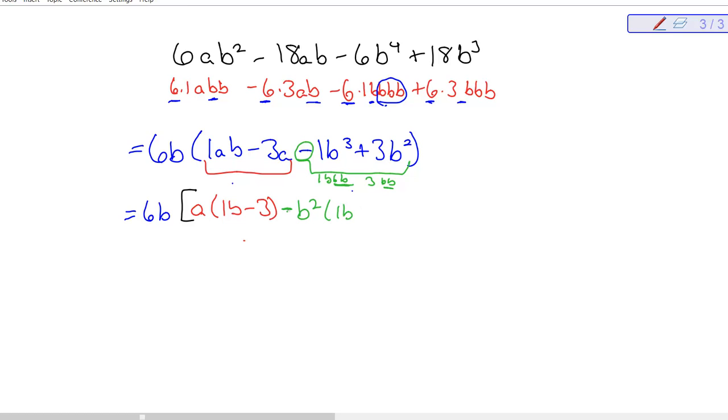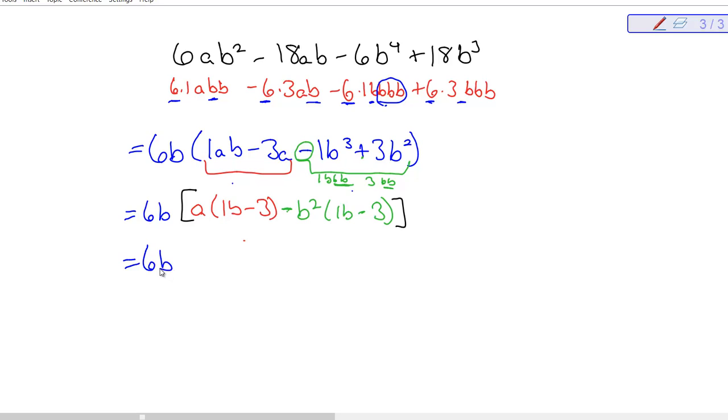And since I changed this sign, I changed this sign to be minus 3. And it's important because if I don't change that sign, my parentheses will not be the exact same. Are my parentheses the exact same? Yes, I've got a 1b minus 3 and a 1b minus 3.